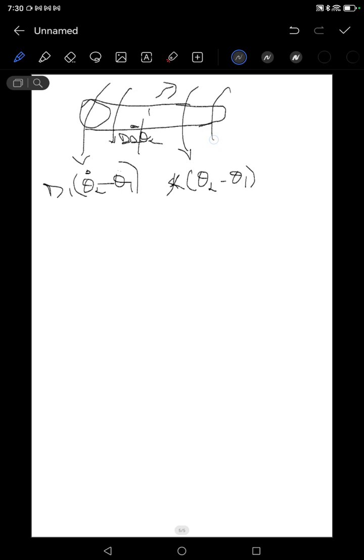Then we have another spring, K2 theta 2. They're all going anti-clockwise. Remember our equation is T equals J theta double dot, but here we don't have this J theta double dot, so it's going to be equal to 0.